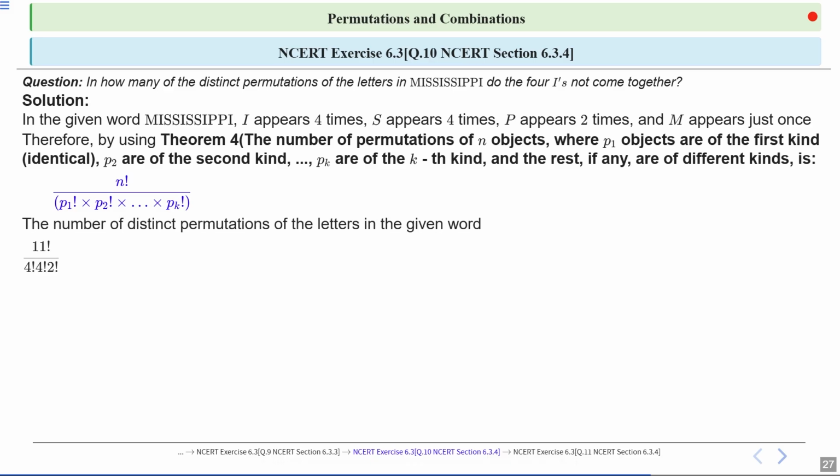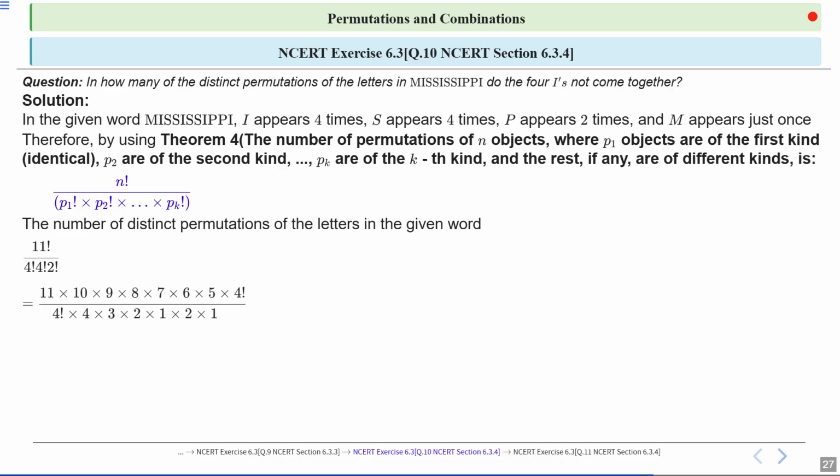Applying this formula, the number of distinct permutations of the letters in the given word is 11 factorial upon 4 factorial into 4 factorial into 2 factorial. Here 11 is the total number of letters and the factorials in the denominator account for the repetitions.